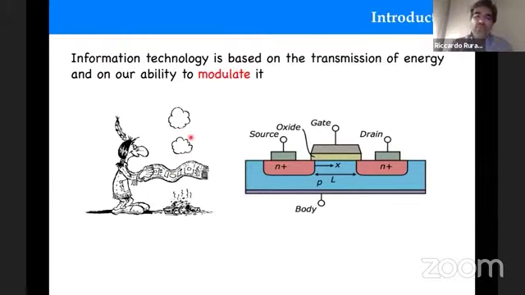So if you bring this approach to the extreme, you end up with the CMOS transistor, which is our standard nowadays for a sophisticated way of treating information.